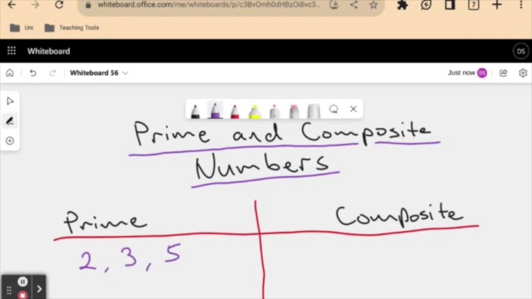Each of these numbers is prime. So that means we can't make 2 out of anything other than 1 and 2. If we were to multiply 1 and 2, we'd get 2. So 2 is only divisible by itself and the number 1. The number 3, once again, we can only make out of 1 and 3. And 5, we only make out of 1 and 5.